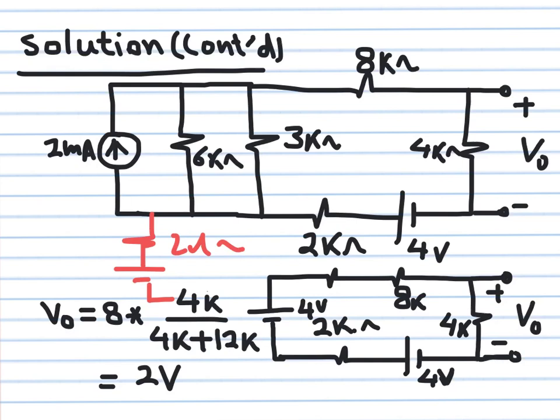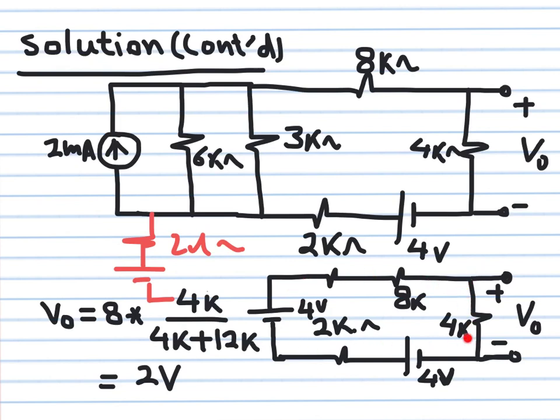So this example is really a good example because it shows you that through a sequence of transformations, I can open up a circuit into one loop. In some cases this is possible, of course, not in all cases. But I was able just through a sequence of source transformations to convert my circuit into one loop.